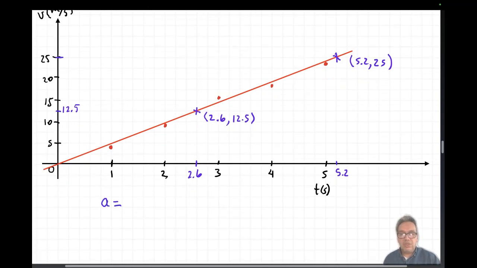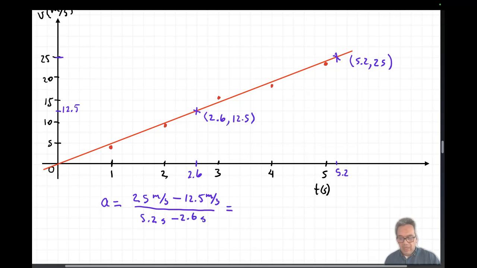So your acceleration is going to be 25 meters per second minus 12.5 meters per second divided by 5.2 seconds minus 2.6 seconds. And you take that to your calculator and you get 4.8 meters per second squared. So that will be a very good approximation for your average acceleration.